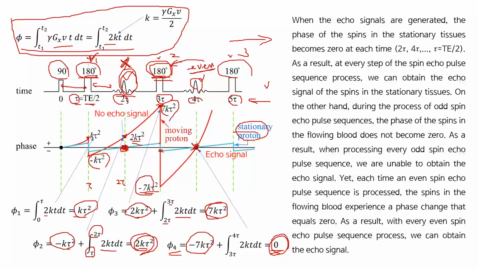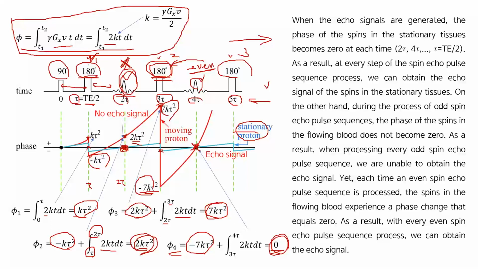On the other hand, the spins in the stationary tissue always give the echo signal tau time after the 180-degree pulse is applied. So that is called odd echo dephasing and even echo rephasing. Okay.